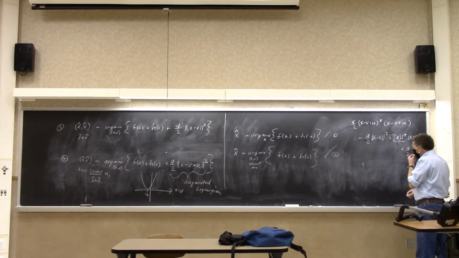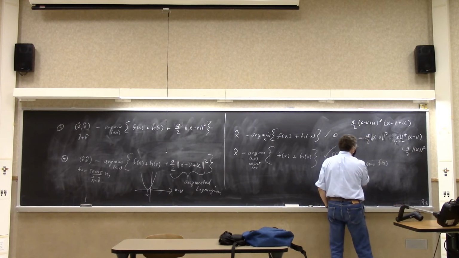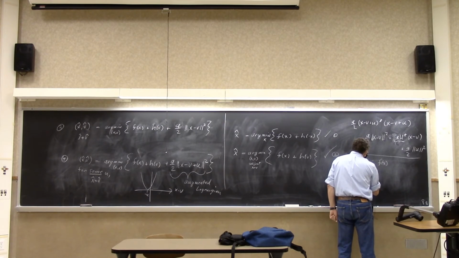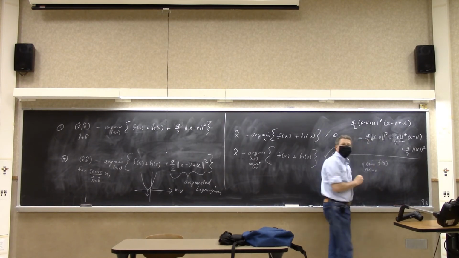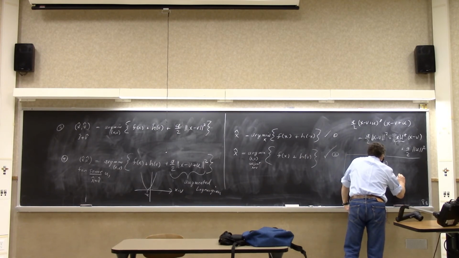When you solve a Lagrange multiplier problem, you're taking the minimum over x of f of x, subject to a constraint that g of x equals 0. These are different f's and g's, so this is a separate box. The way you do that is you minimize f of x plus lambda transpose times g of x.